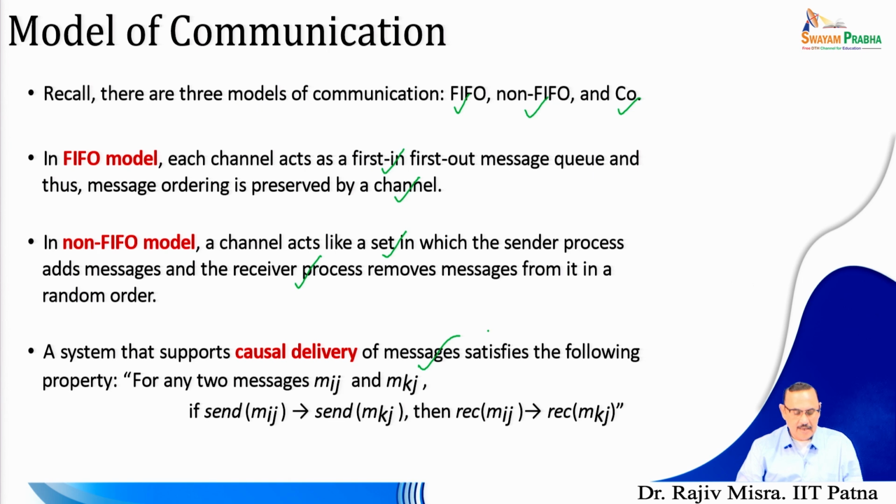Causal ordering of messages satisfies the following property: for any two messages Mij and Mkj, where j is common over here, if send of Mij happened before send of Mkj, then the receive of Mij also should be before the receive of Mkj.